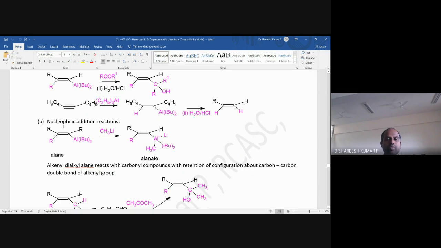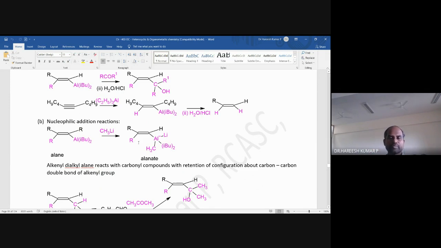The name of this compound is called alkynyl dialkyl alane. So I am talking about the general name, because R is there, no? That is the reason. So alkynyl dialkyl alane, when it is treated with methyl lithium. What is methyl lithium? Methyl lithium is a base. What will it do?